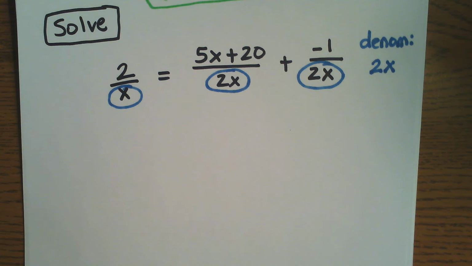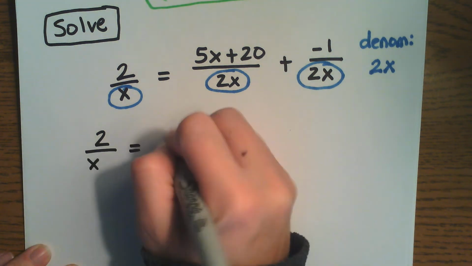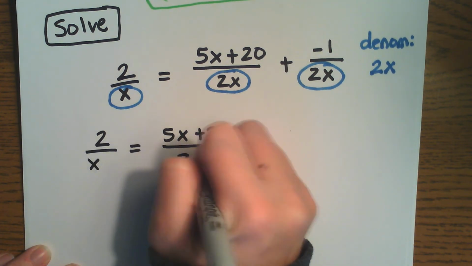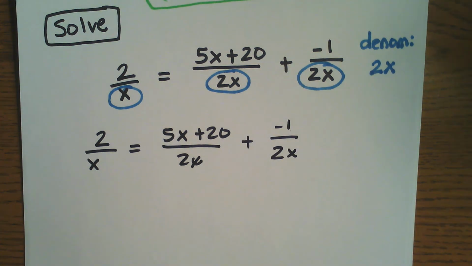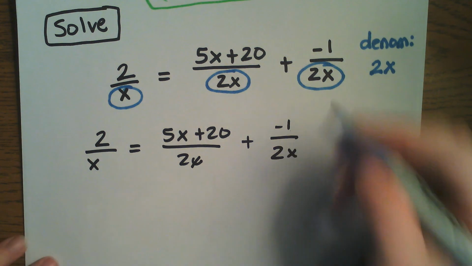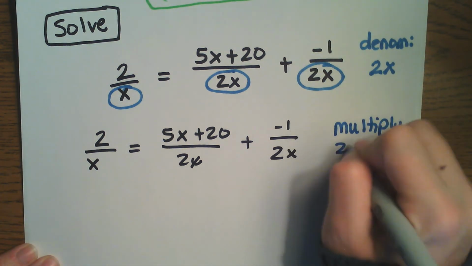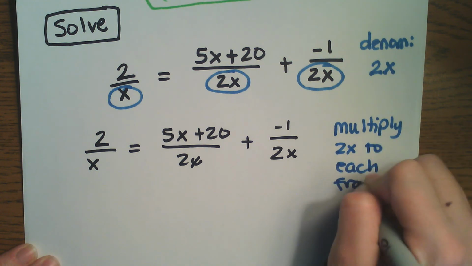So I'm going to use it to multiply to each of those fractions. So we're going to multiply 2x to each fraction.